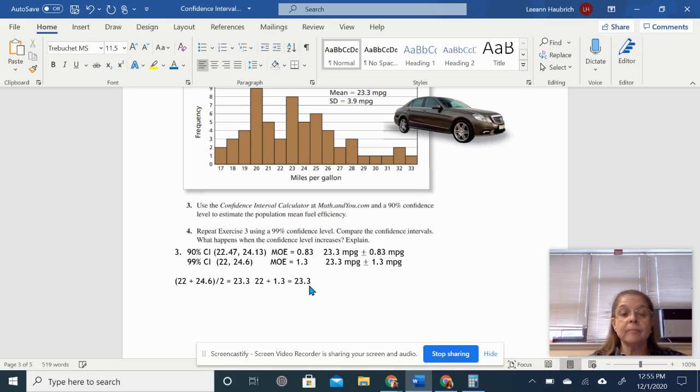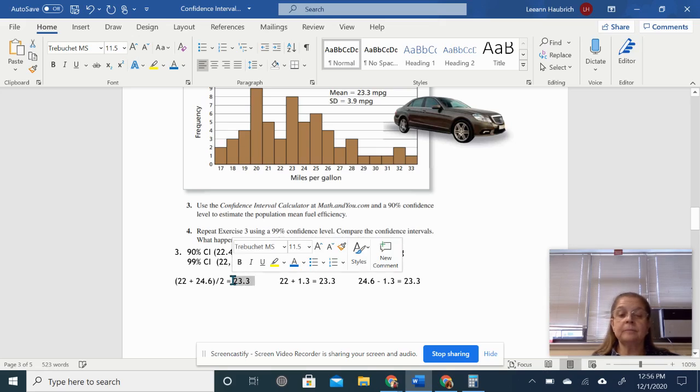Isn't it interesting the way this works? What if I took the high number, the 24.6, and minus the MOE, 1.3? See what that equals. Well, 6 minus 3 is 3. 24 minus 1 is 23. 23.3. What do we notice here?